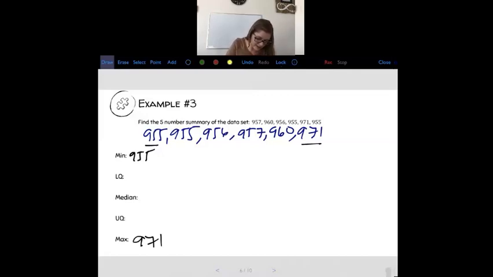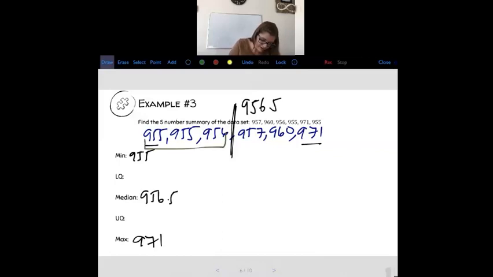In this case, our middle value is going to fall right in between 956 and 957, which would be 956.5. Now we have our lower half and our upper half, and you can make sure you did it right.